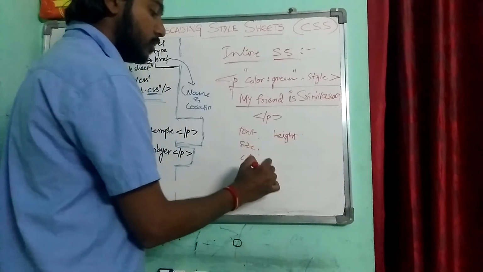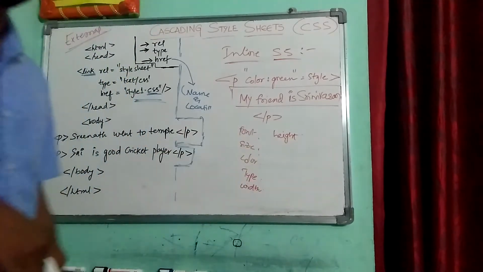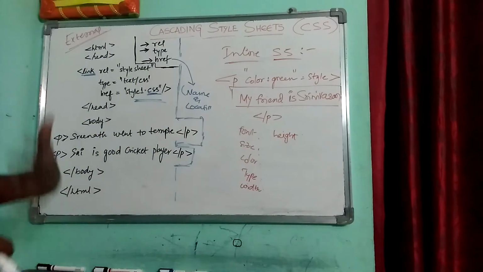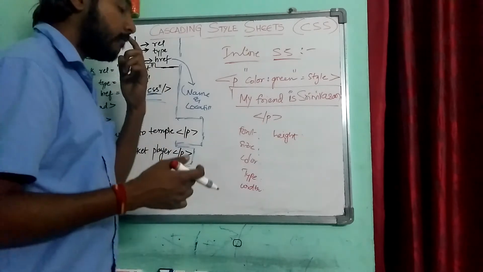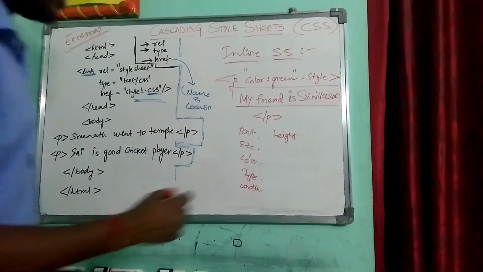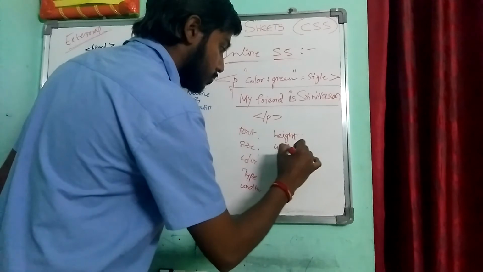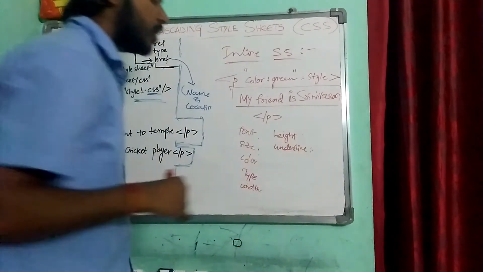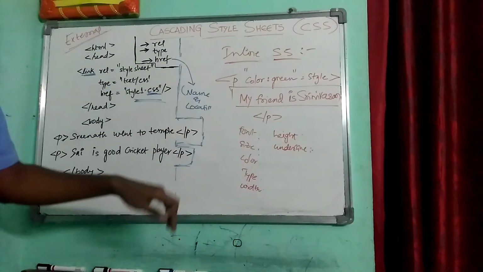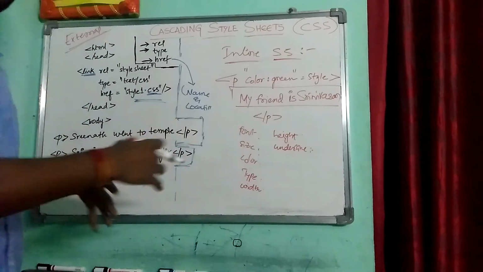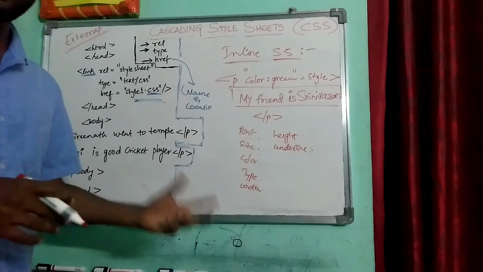These are the attributes we use in order to style the documents in whatever way you want. And one more thing is underlining. This underline has different types, which I'm not going to work out here. When we are doing it practically, we'll see the different types of this.